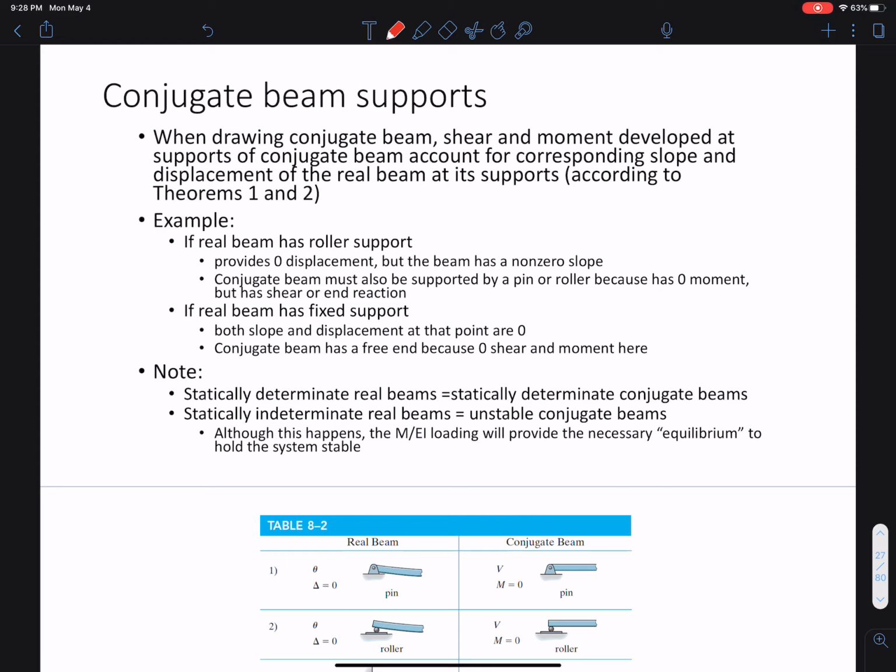So if the real beam has a roller support, that means we have 0 displacement and non-zero slope, which means the conjugate beam must also be supported by a pin or roller because we have 0 moment. But the tricky part comes if we have a fixed or free end. We have both slope and displacement 0, and the conjugate beam therefore has to have a free end because there they'd have 0 shear and moment. Okay.